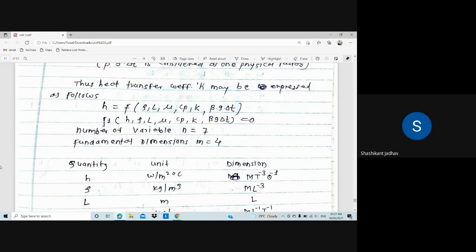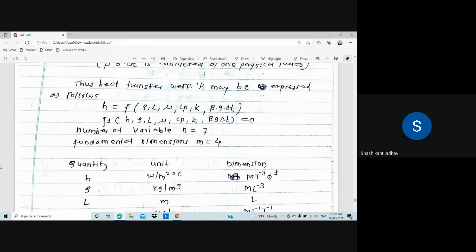The factors on which h depends for natural convection: h is equal to function of rho, L, mu, Cp, K, and that single factor, beta g delta T.